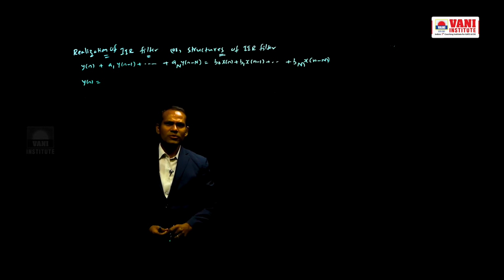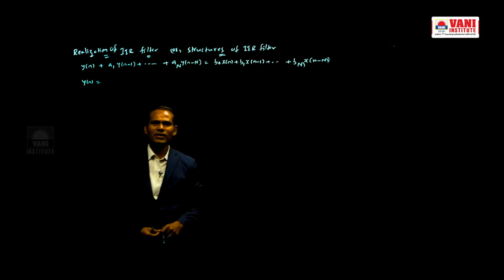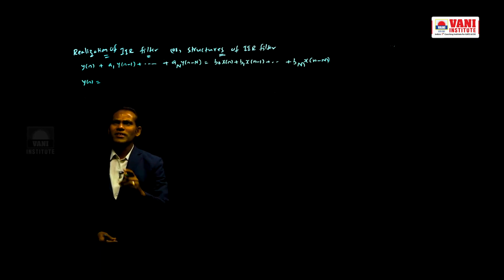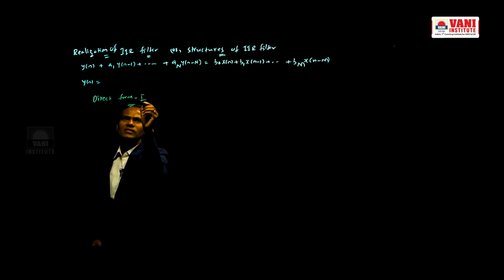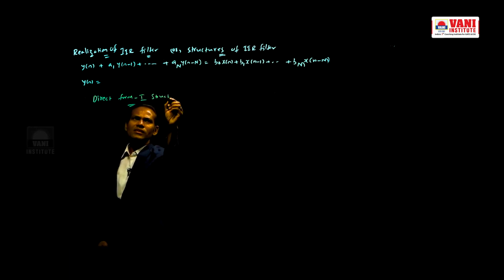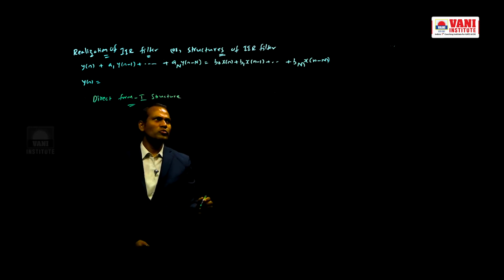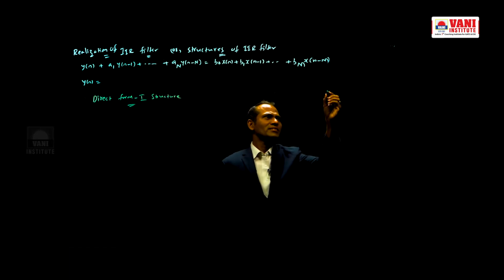Now I will discuss about structures of IIR filter or realization of IIR filter. There are two structures. One is a direct form 1 structure, another one is direct form 2 structure.